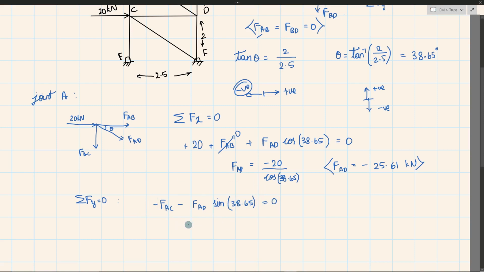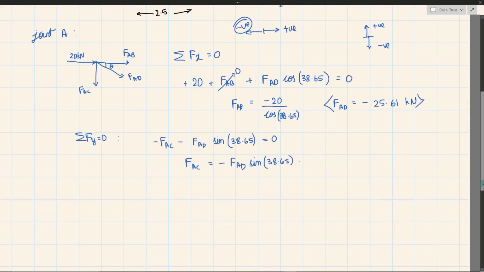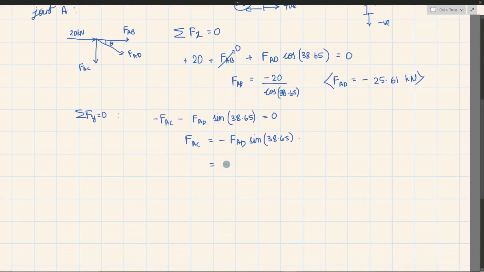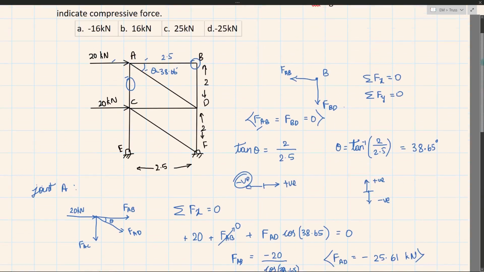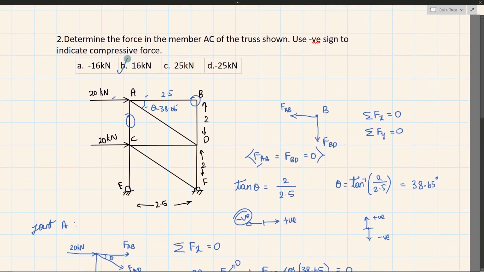So I'll have FAC is equal to minus FAD sine of 38.65, right? So this would be equal to 15.995 kilonewton. The negative sign and the negative sign will cancel, we'll have positive. This would be tensile, right? So the nearest option is plus 16.16 kilonewton.